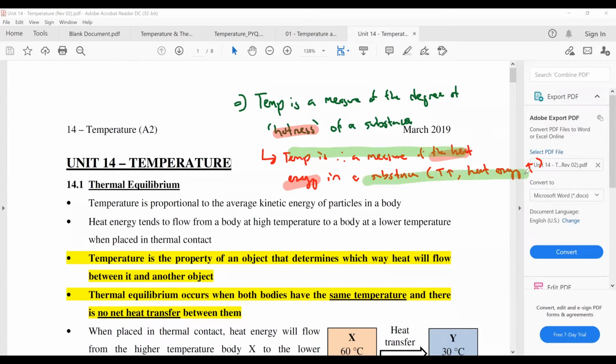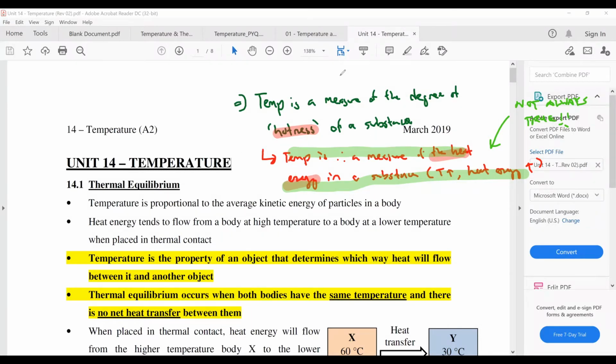This statement is actually something that people always mistake. It is not always true. Temperature is not a measure of the heat energy in a substance. Yes, it will tell you how hot or cold a substance is, but it doesn't tell you the amount of heat energy contained in a substance.